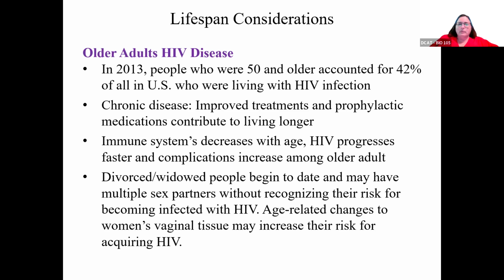But one of the big reasons that they're saying that they do see people 50 and plus being diagnosed is that, you know, nowadays people get divorced, that's very common, or unfortunately they may lose their spouse, and so they begin to date again, and they may have sex with multiple partners. And this is the thing, if you're 50 and above, what does most people worry about when they're having sex?